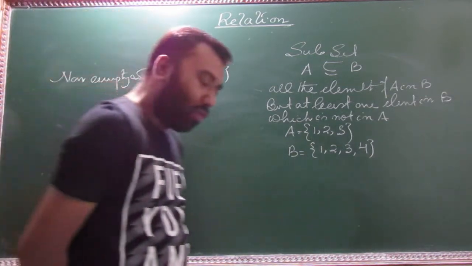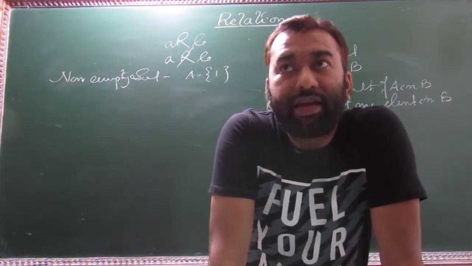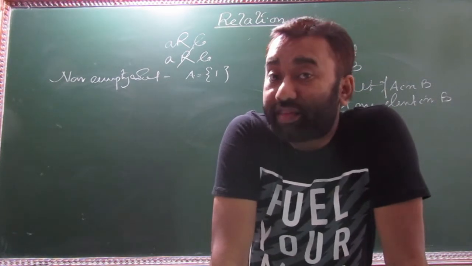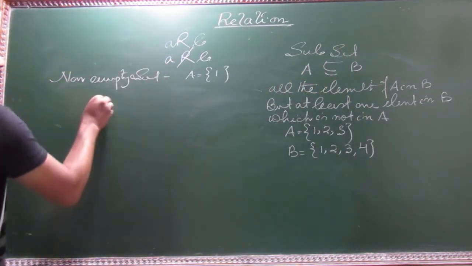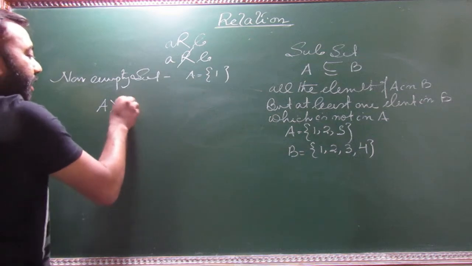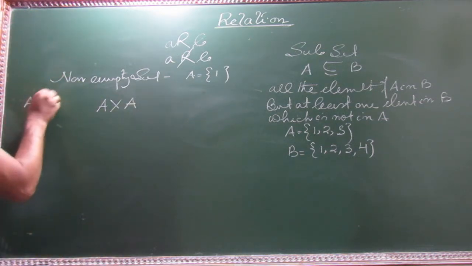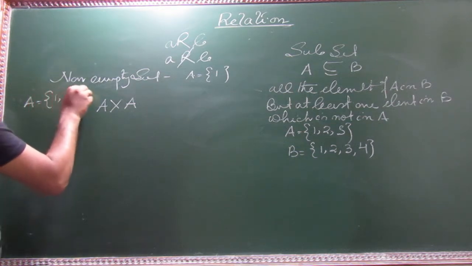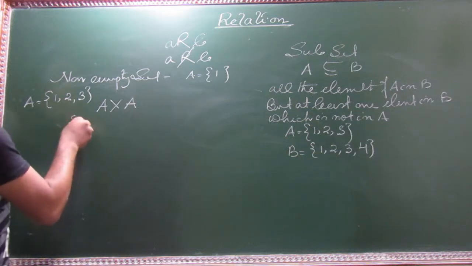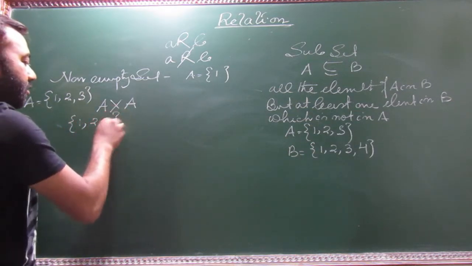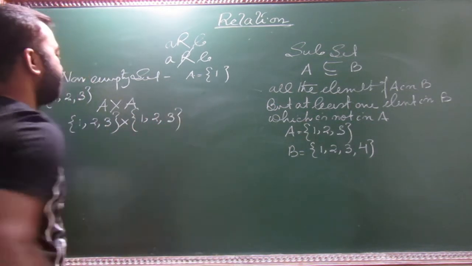Now I have to know one more thing which we did in the 11th class, second chapter, that is A cross A, meaning the Cartesian product. Now how can we define A cross A? Suppose A is a set and the elements of the set A are 1, 2 and 3. Then what is this product? I am going to write {1, 2, 3} cross {1, 2, 3}.